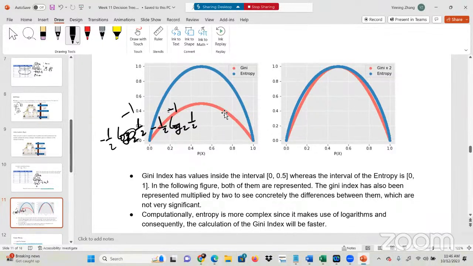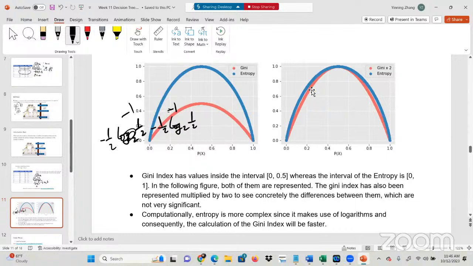And if you use this line and times 2, you can see these two lines look almost exactly the same. So these are two metrics, but usually result in the same thing. Is your entropy usually double your Gini? Oh, yes, usually like double.